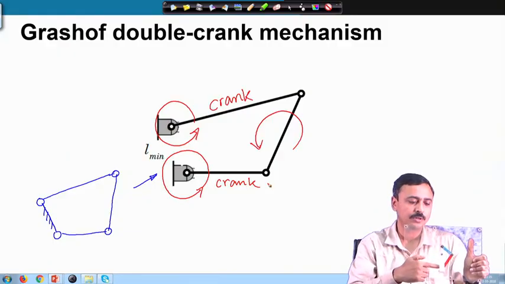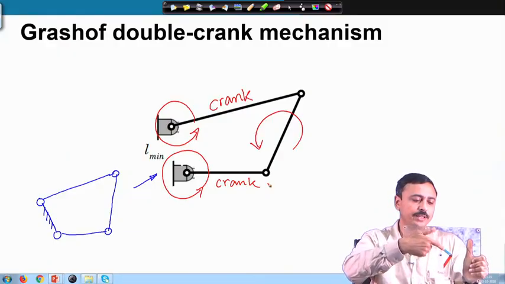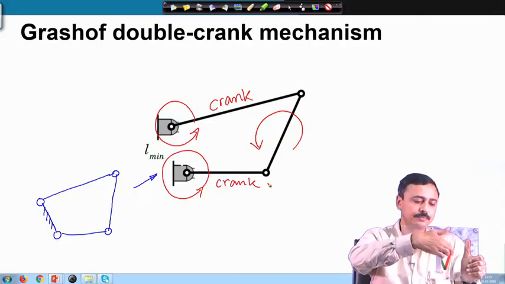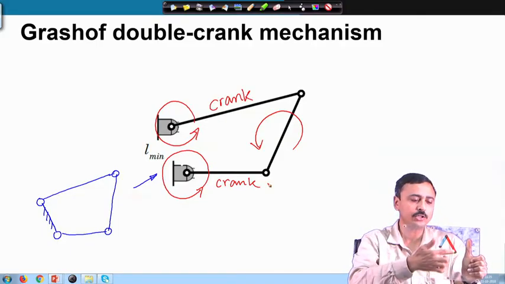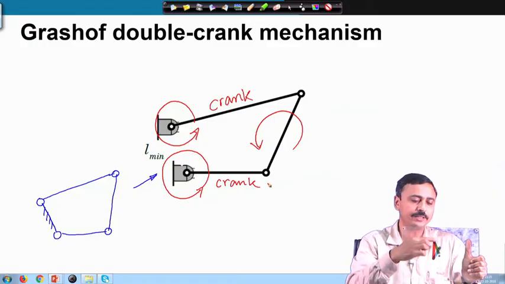So, this blue link can rotate completely and this green link can also rotate completely. This is a double crank mechanism.